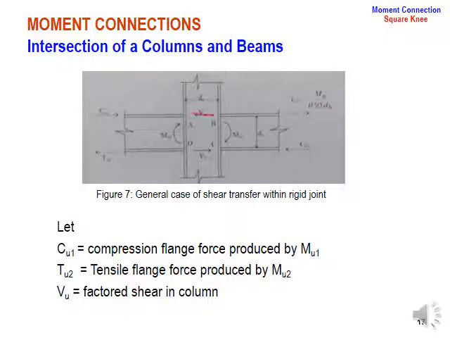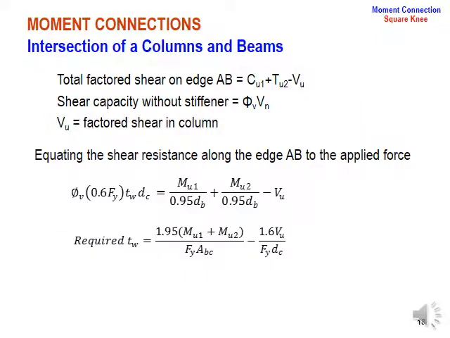Vu is in the left direction, while Cu1 is in the right direction and Tu2 is in the right direction. So these are in the same sense, but the shear applied on the face AB has the opposite direction. So we get this equation: Cu1 plus Tu2 minus Vu.